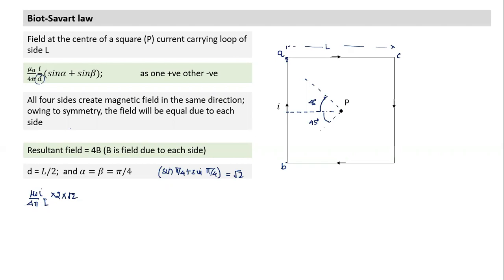So I hope this is how the Biot-Savart law is applied. The simple part we had done: arc of a circle, and we can extend it to quarter circle, semicircle, and full circle. Similarly, we had done the field at a point due to a straight element. Our only issue is the perpendicular distance and understanding when it will be a plus sign and when a minus sign.